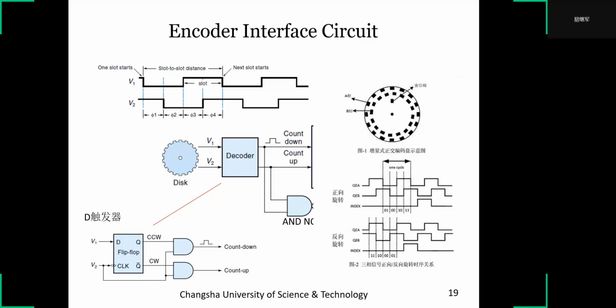As an encoder interface circuit, the signal from the disk enters the decoder with D triggers and becomes the count down signal and the count up signal.